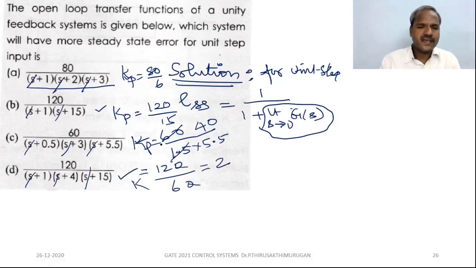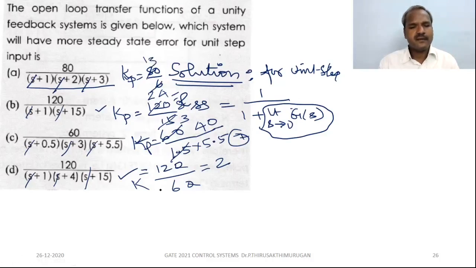Here the Kp value is 40 by 5.5, approximately 7. In this case 8, in this case almost 6. So the Kp value is lesser in this case.